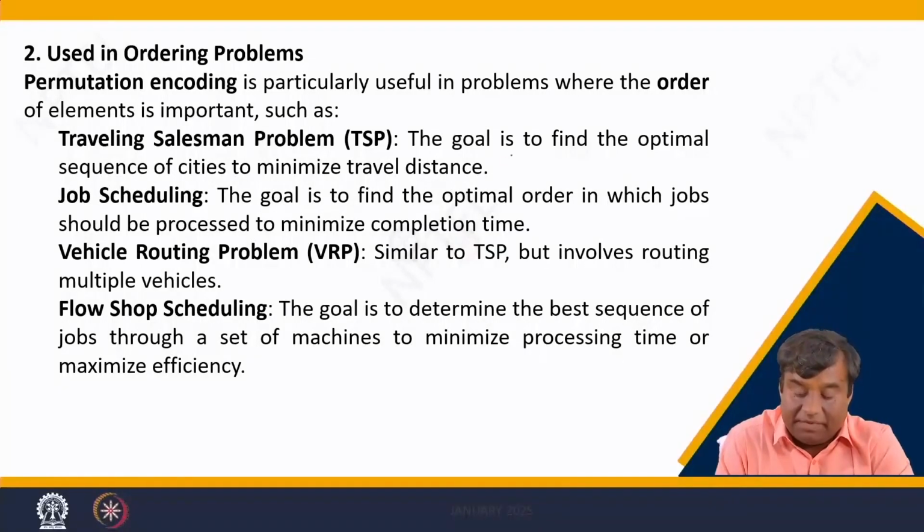Job scheduling: the goal is to find the optimal order in which jobs should be processed to minimize completion time. Vehicle routing problems are similar to TSP but involve routing multiple vehicles. Flow shop scheduling: the goal is to determine the best sequence of jobs through a set of machines to minimize processing time or maximize efficiency. Some benefits of permutation encoding.